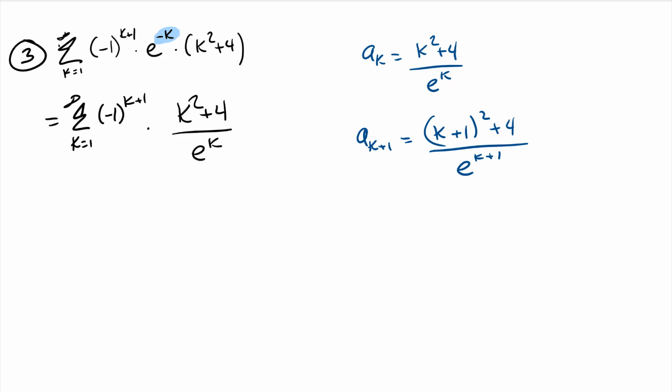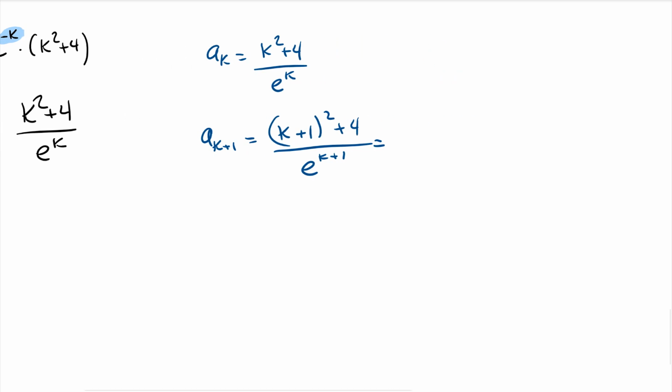Now, I'm going to start simplifying before I throw this into the problem. Like the denominator, that's e to the k times e. Then I'm going to expand this out. Down at the bottom, k plus 1 all squared is k squared plus 2k plus 1.